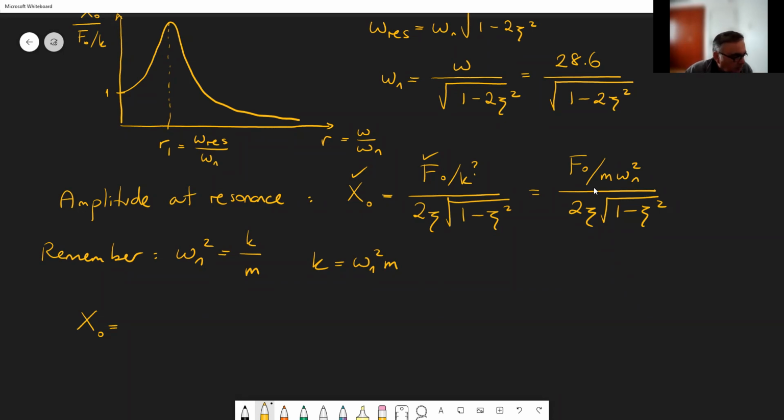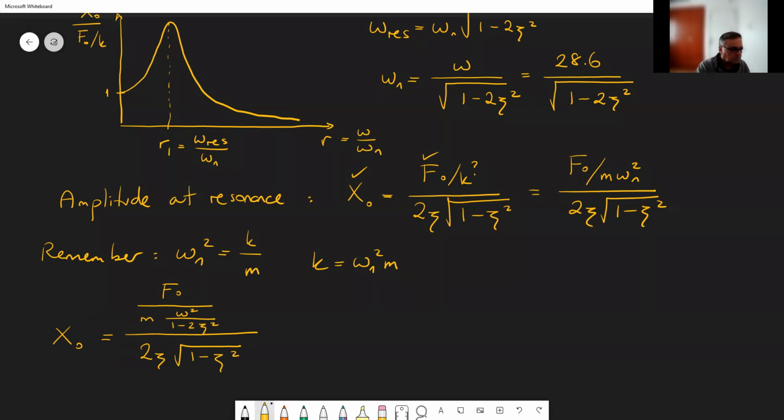X0 is equal to F0 and so what is unknown here?